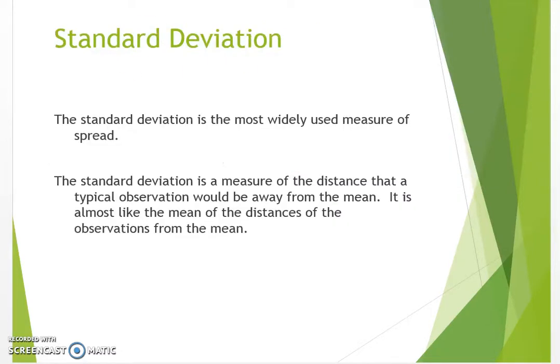So instead of using range for quick computations, a lot of times we use standard deviation for the variation. Standard deviation is the standard way for us to measure how widely spread out the data are. The standard deviation is a measure of the distance that a typical observation would be away from the mean.